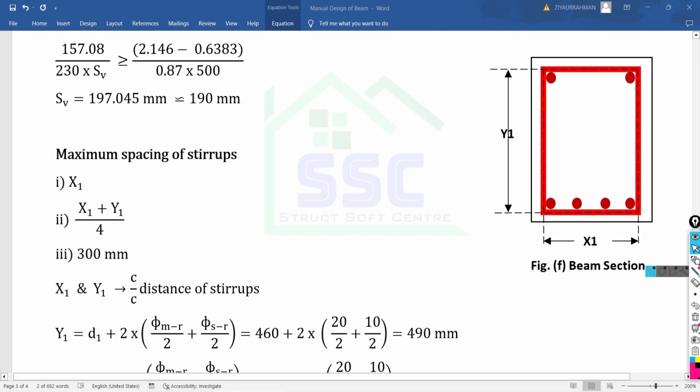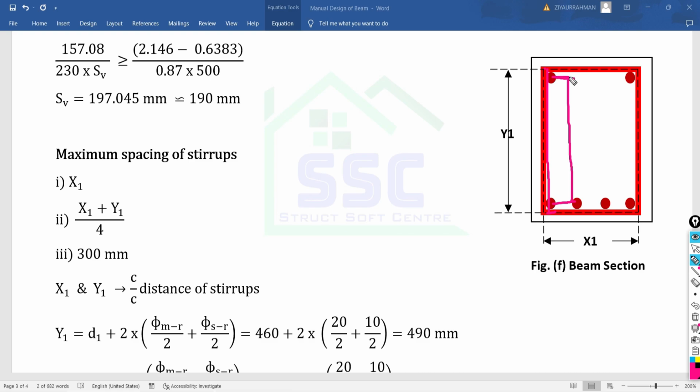First, y1 is from this point to this point, but we already have the value of d1, which is the center to center distance between the reinforcement along the depth of the beam. We just have to add half of the diameter of main reinforcement plus half of the diameter of shear reinforcement. If you add these two values from both sides, you will get the value of y1.